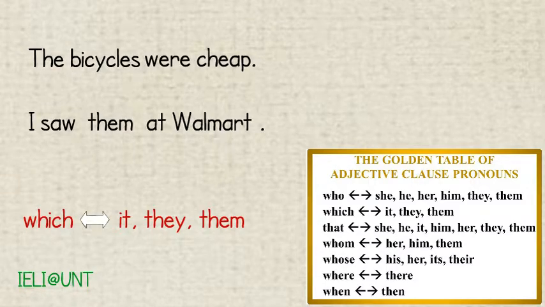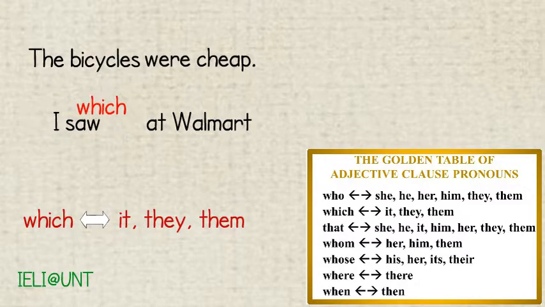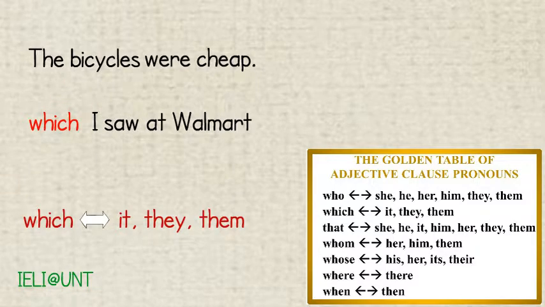The basic pronoun in the second sentence is them, and the antecedent is bicycles. First, we change the second sentence into an adjective clause by changing the pronoun and moving it to the beginning. Then we insert the adjective clause right after the antecedent in the first sentence.